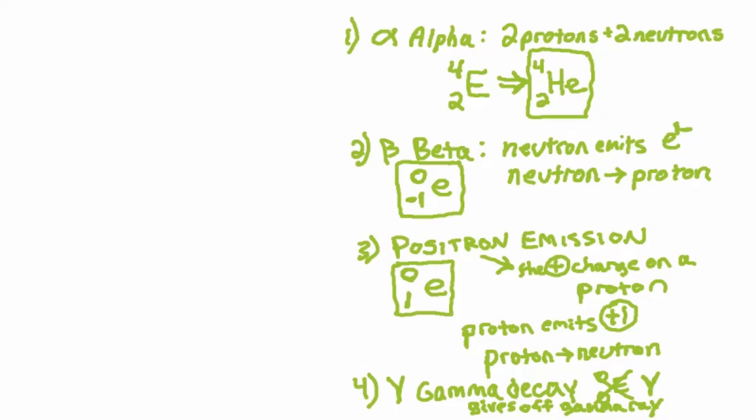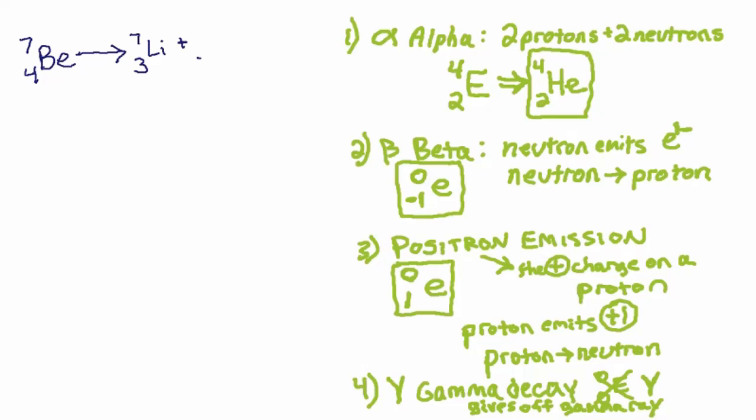So the first one is if we have a beryllium-7 isotope, and the atomic number for beryllium is 4, so we're going to put 4 down there. And somehow it changes to a lithium-7 isotope, and the atomic number for lithium is 3.